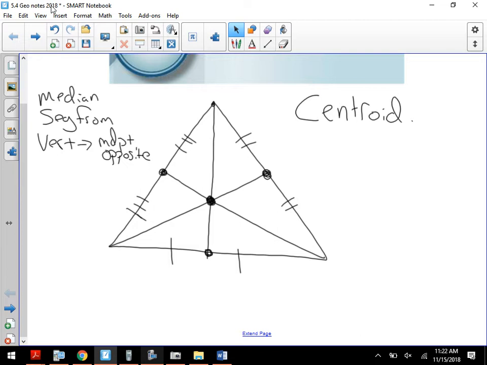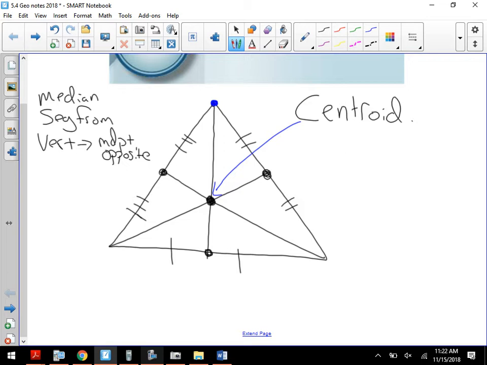You know how I have the other two up on the board? I'm just going to put one up here as well. So what I want to do, that's the centroid. What I'm going to do real quick is take one of these segments. Do you guys agree if you follow this?